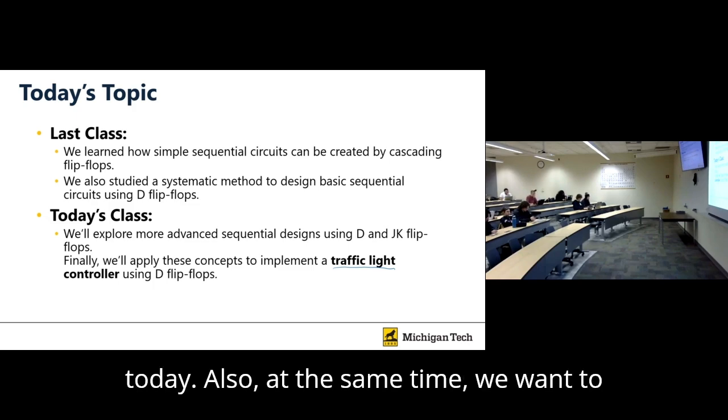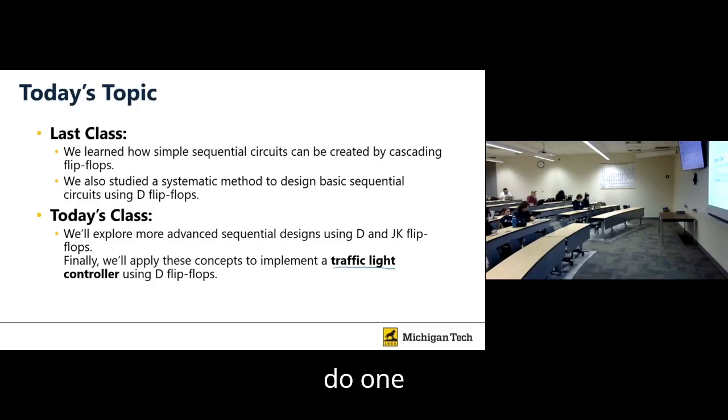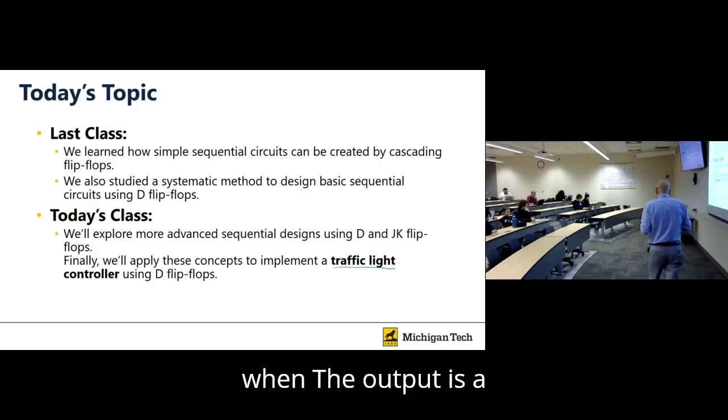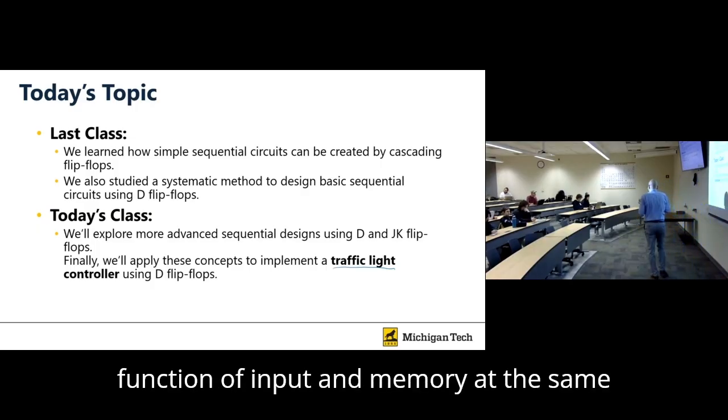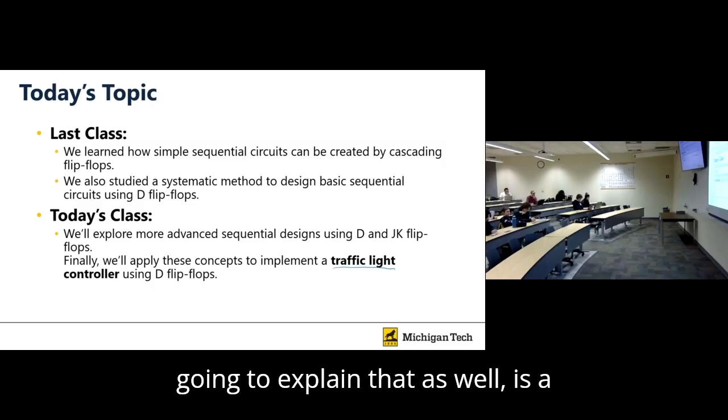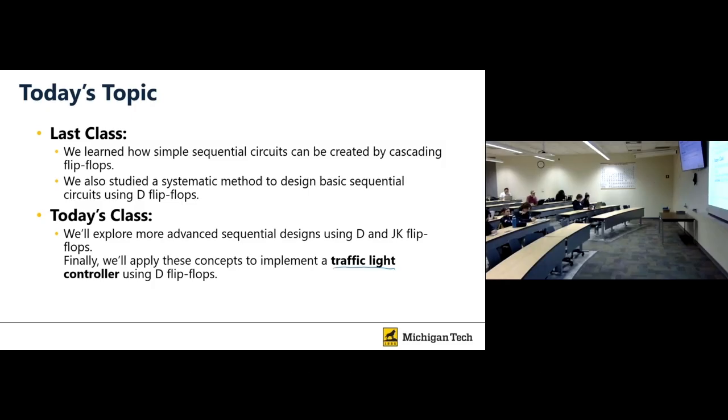Also, at the same time, we want to do one Mealy machine structure, where the output is a function of the input and memory at the same time. That example is a sequence detector.